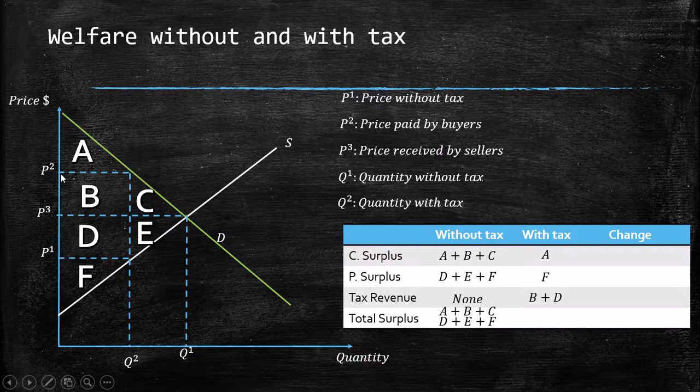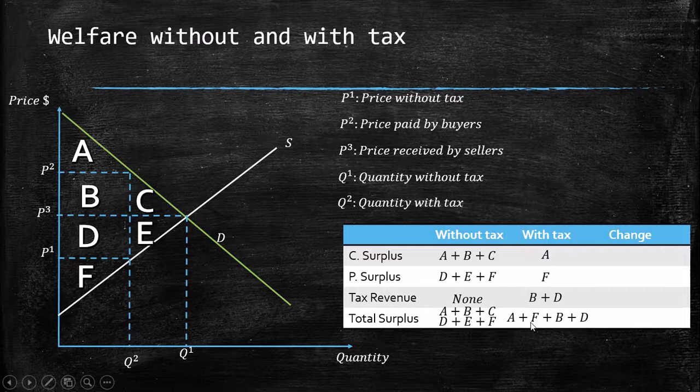So we have B plus D as the measure of welfare for the government. If you notice, this B was previously on the consumer side and this D was previously on the producer side. Now it's going to be taken by the government. And you're now taking into account that this C and E is going to be taken by no one, and we will see a little bit ahead about that.